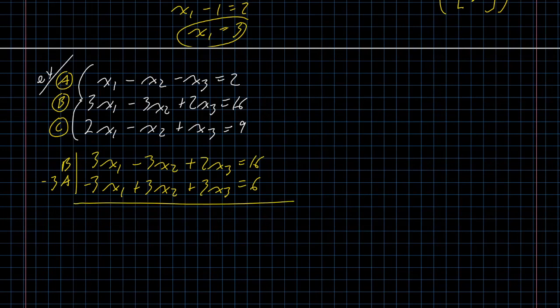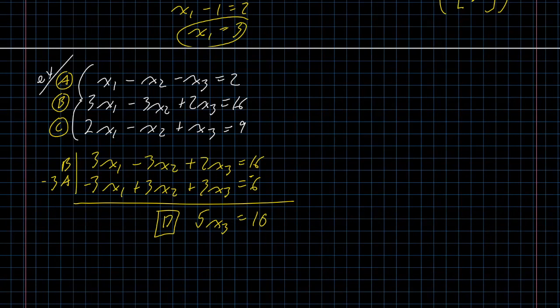Add these together. 3x1 and -3x1 is 0. 3x2 and +3x2 is 0. 2x3 and 3x3 is 5x3. 16 and -6 is 10. All right, that's a useful equation that we're going to have to come back to. Let's call it equation D.